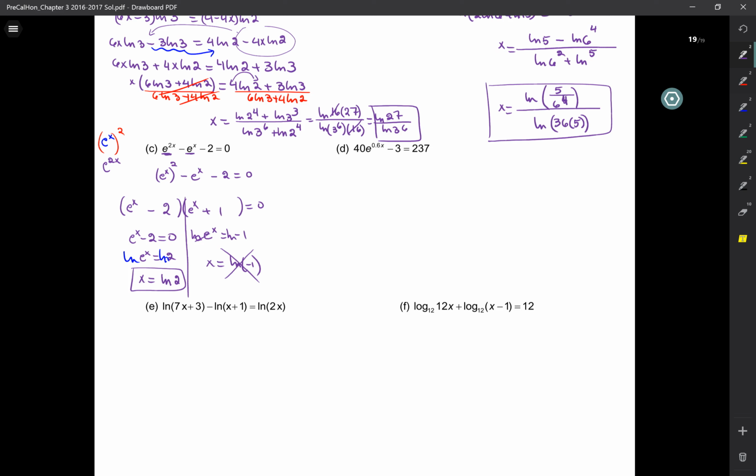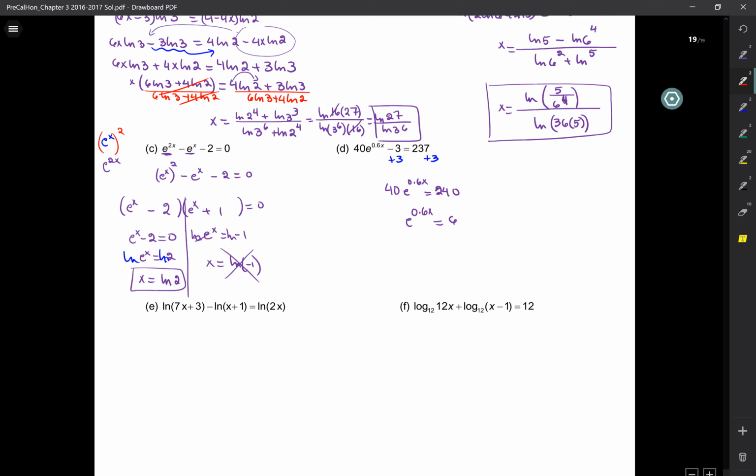All right, let's take a look at this one. 40e to this crazy number 0.6x minus 3 is equal to that. Well, what am I going to do here? You know what? First, let's isolate that term with the x. So 40 e to the 0.6x equals 240. Okay, now what? Can I divide by 40? Sure I can. When I do that, e to the 0.6x will become 6.